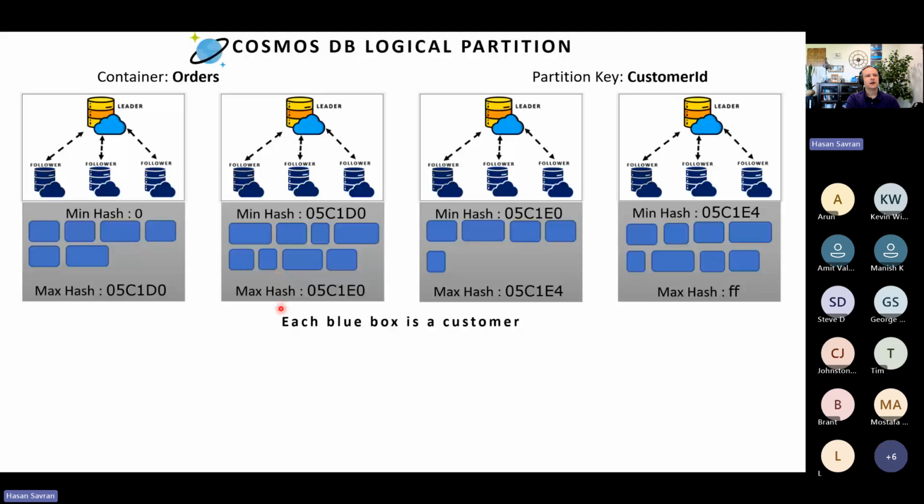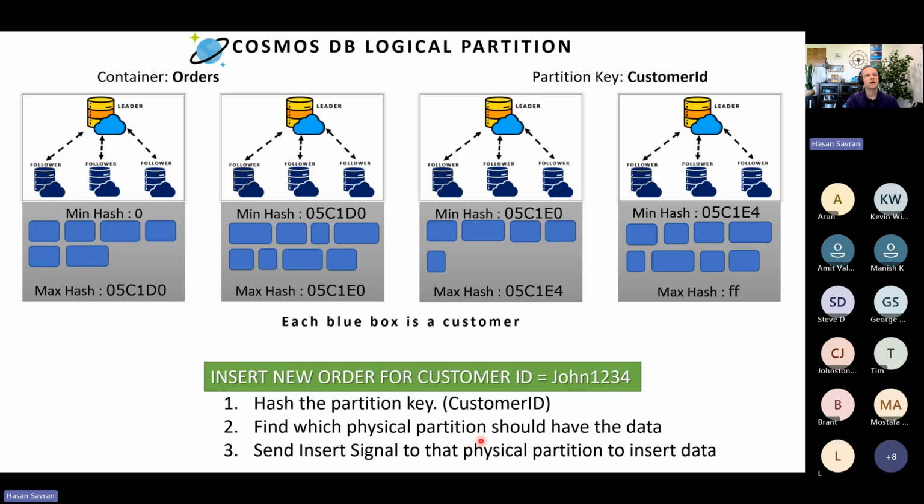By knowing the customer ID here, we can easily find the hash number. Whenever we insert data, let's say we are going to insert new data, and my customer ID is John1234, the first thing Azure Cosmos DB does is hash my partition key. So it hashes John1234.